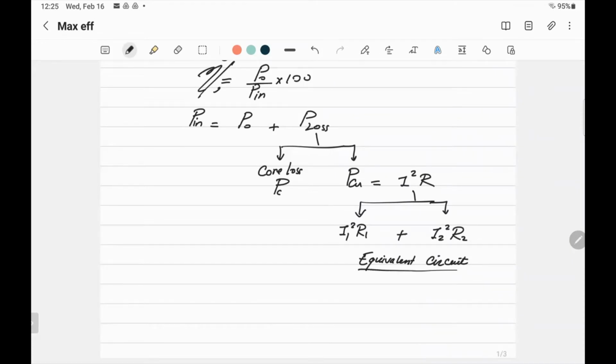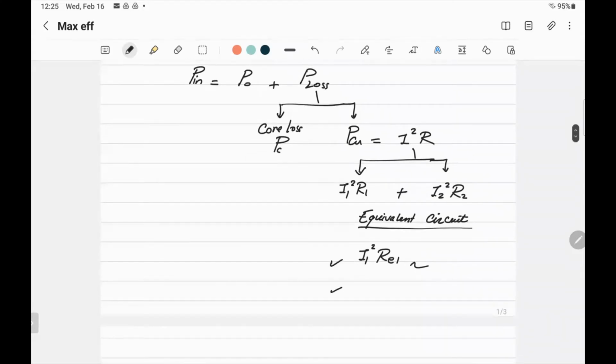So you will have I1 squared times the equivalent resistance referred to the primary side. That's enough, one term. If you are operating on the other side, you'll have I2 squared times the equivalent resistance referred to the secondary side. This or that.